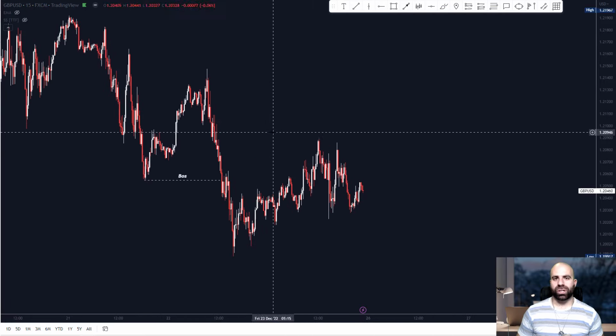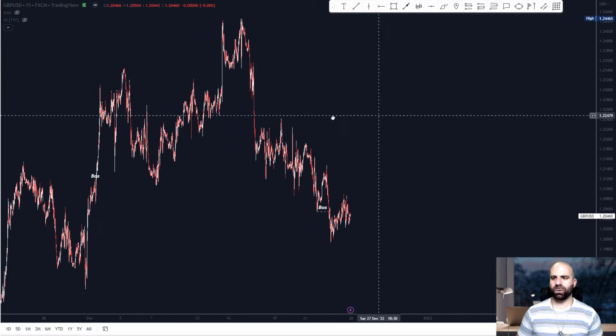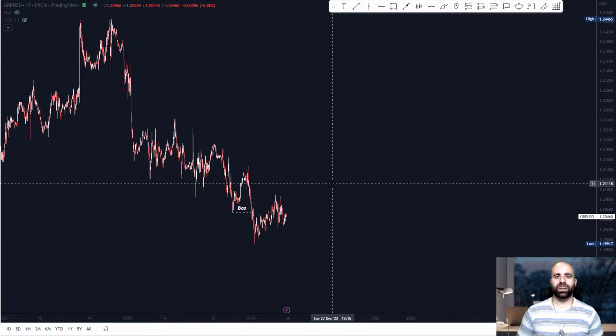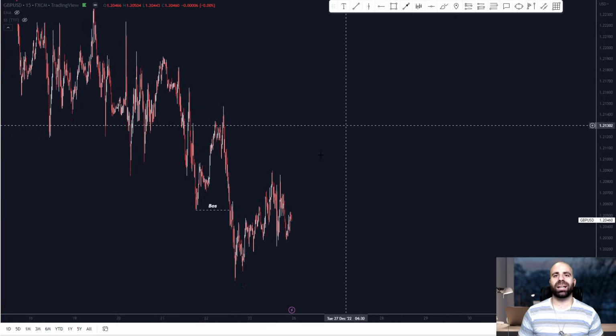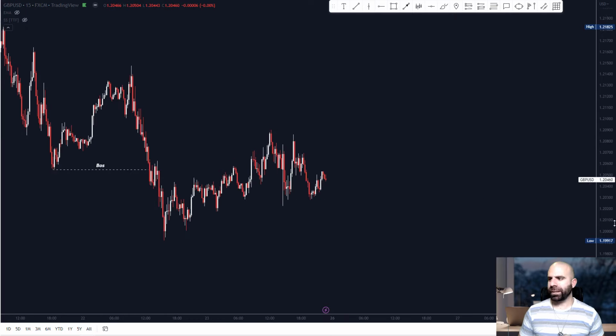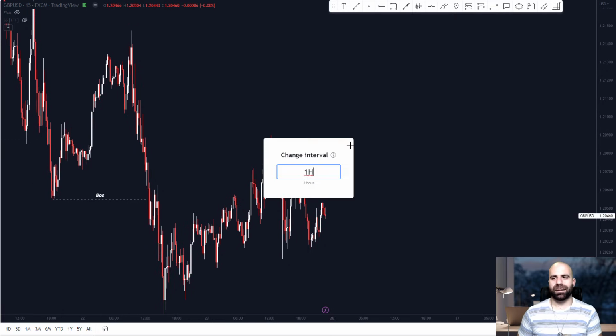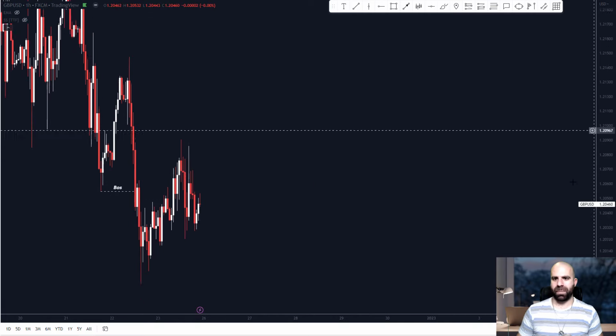So in situations such as this one, we can do the following thing. Instead of zooming out like in this instance, what you can do is choose to trade only the time frame which has the clearest movement. In this occasion, I would go ahead from the 15-minute time frame and I would choose the 1 hour time frame.